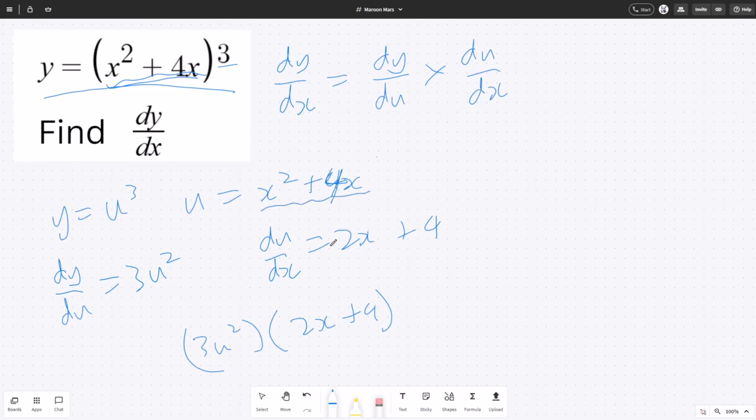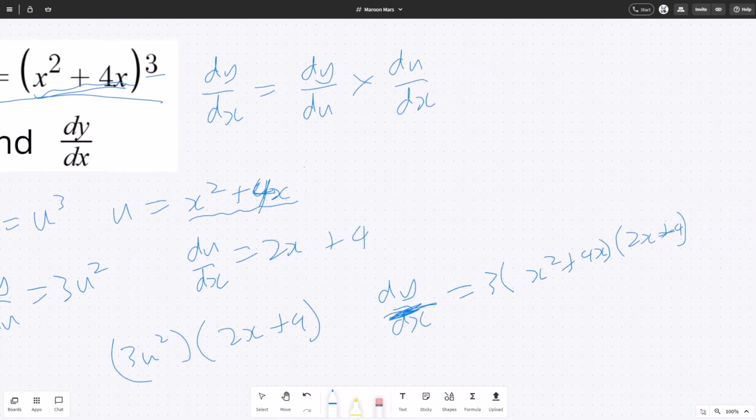Remember u is x squared plus 4x, so dy over dx is equal to 3 times x squared plus 4x, multiplied by 2x plus 4. Okay, so that is our derivative.